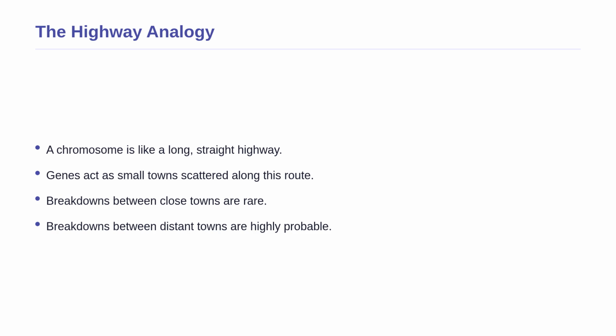However, if two towns are hundreds of miles apart, the probability of a breakdown happening somewhere between them is much higher. In genetics, a chromosome is exactly like that long highway, and the genes are the towns located along it. By looking at how often genetic material breaks and swaps between two genes, we can accurately map their locations.